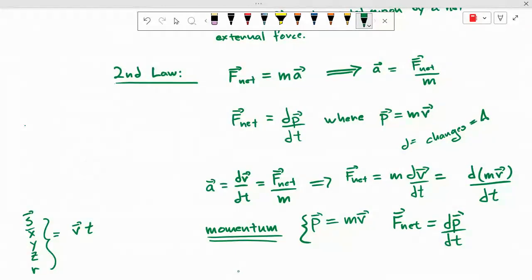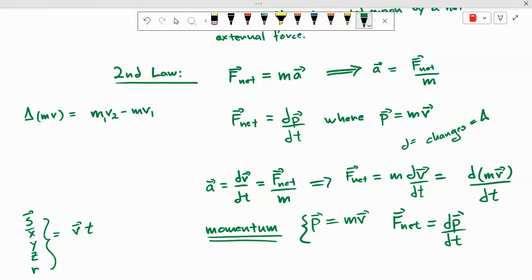I'll just do it out. Delta mv equals mv2 minus mv1, because m doesn't change, only v changes.